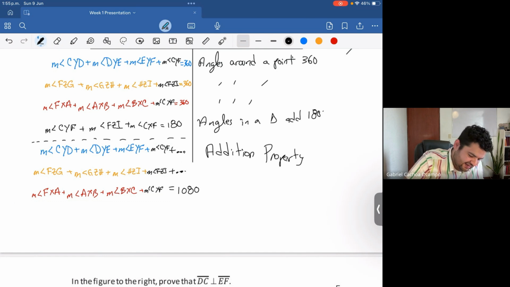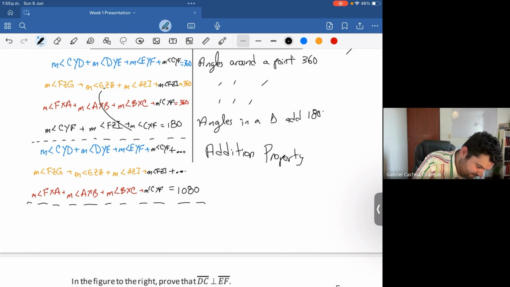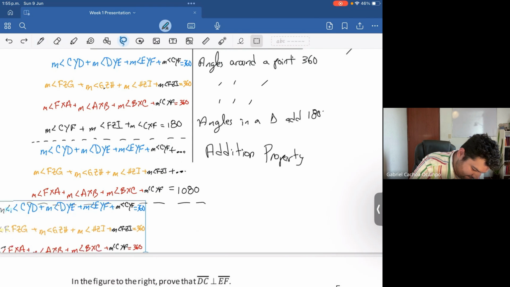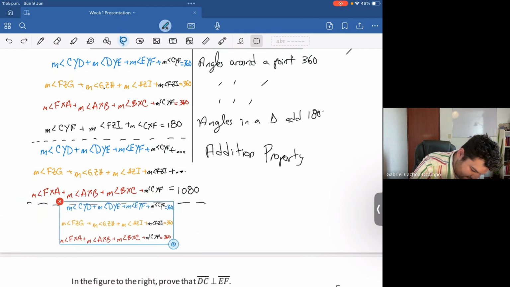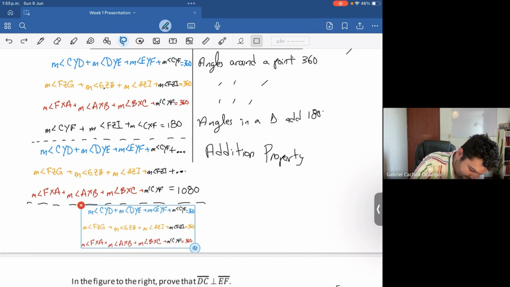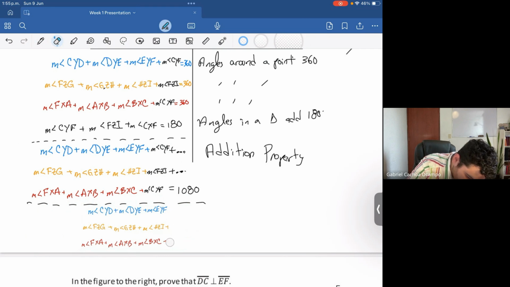And then I subtract these ones. I can even organize them a little bit better.